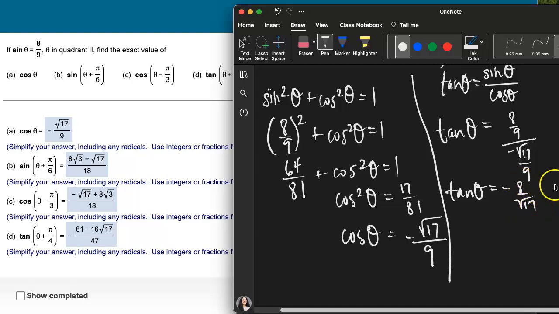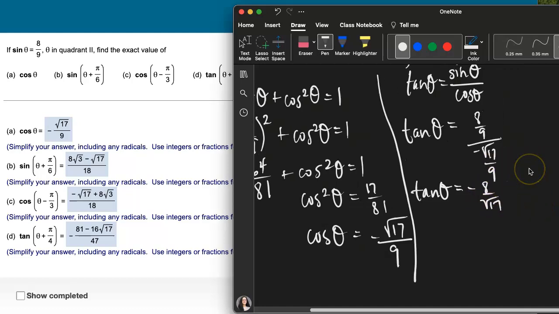I could go ahead and address that by rationalizing the denominator. Okay, so at least now it has a rationalized denominator, and this is tangent of theta.